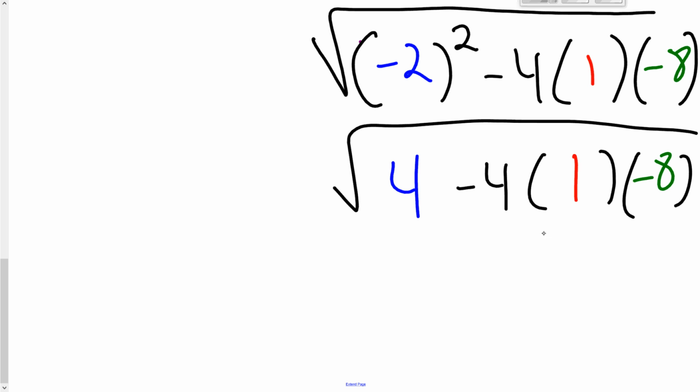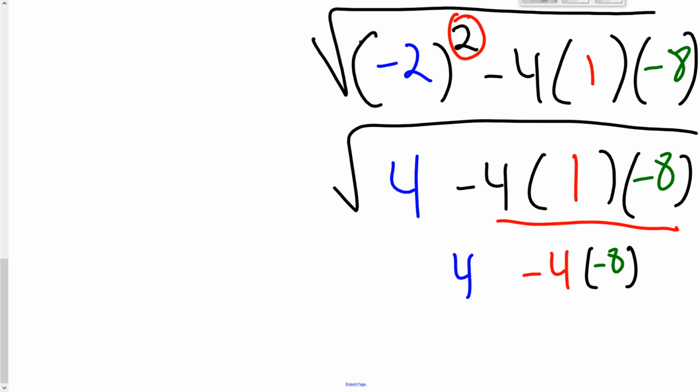Now, this is all multiplication, right? So before I subtract 4, I have to multiply. I'm doing my order of operations, so I took care of my square first. Now I do my multiplication in here. Negative 4 times 1 is negative 4. Negative 4 times negative 8 is a positive 32.